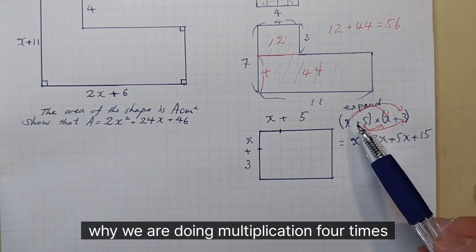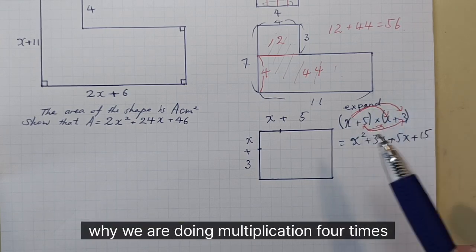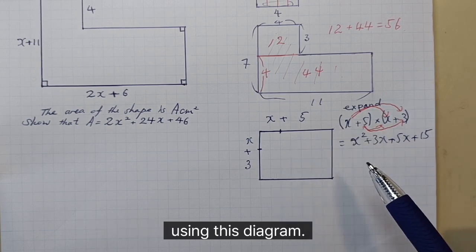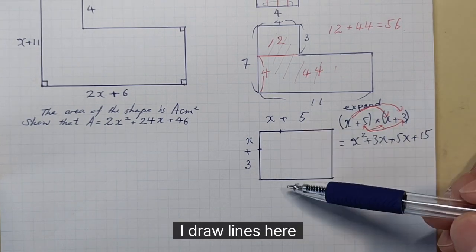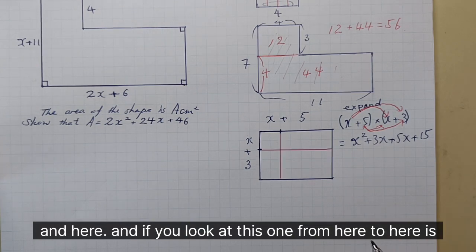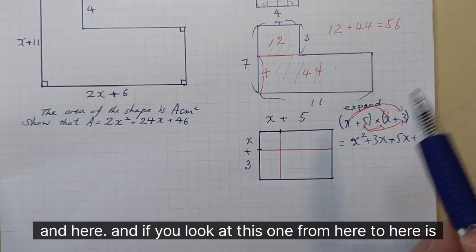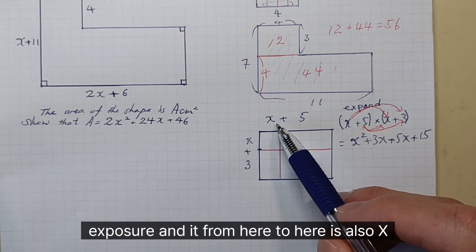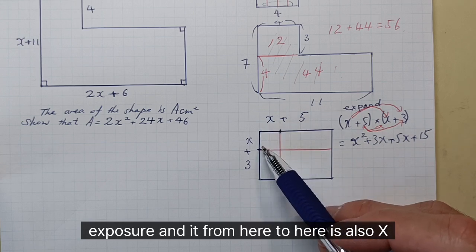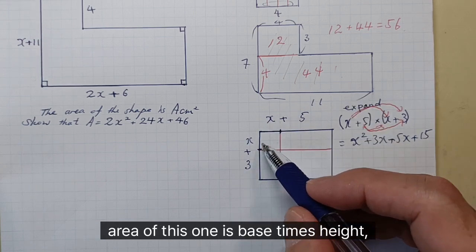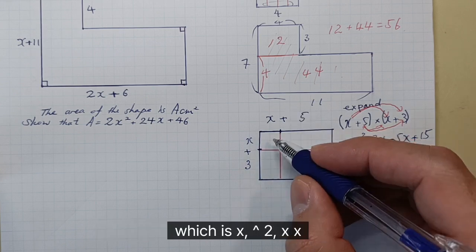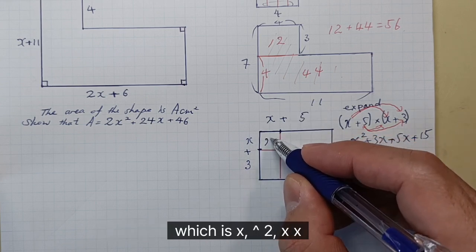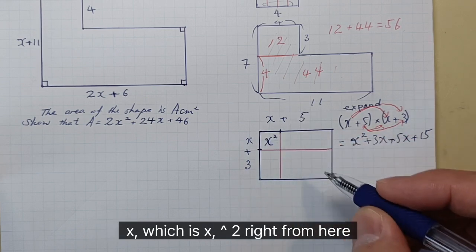I will just show you why we are doing multiplication 4 times using this diagram. I draw a line here and here. Then if you look at this one, from here to here is x, and from here to here is also x. The area of this one is base times height, which is x times x, which is x to the power of 2.